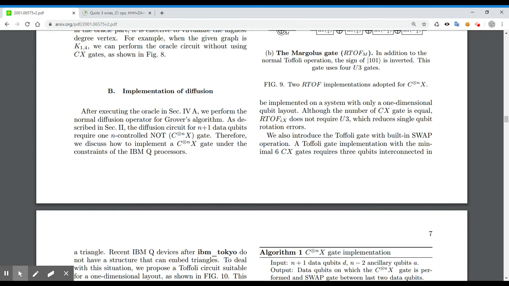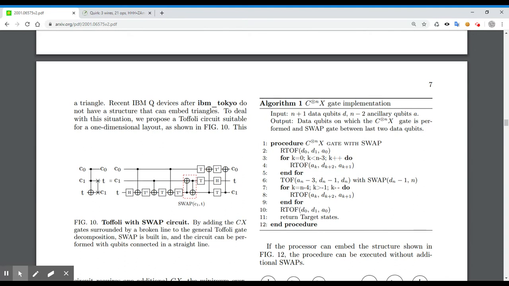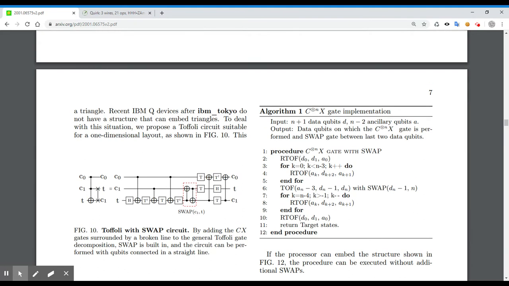Although the number of controlled X gates is equal, Artoff sub IX does not require U3, which reduces single qubit rotation errors. We also introduced the Toffoli gate with built-in swap operation. Toffoli gate implementation with the minimal 6 CX gates requires 3 qubits interconnected in a triangle. Recent IBM Q devices after IBM Tokyo do not have a structure that can embed triangles.